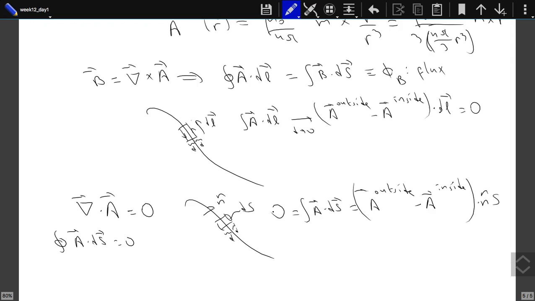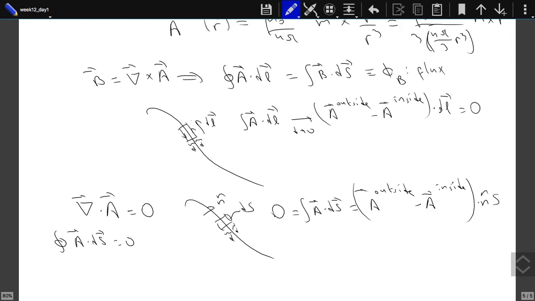This should be equal to 0. So this tells me that the component of A in the direction of n is also continuous. From the previous expression, I know that the component of A parallel to the surface is continuous. Now this shows me that the component of A perpendicular to the surface is continuous, and hence A is continuous.